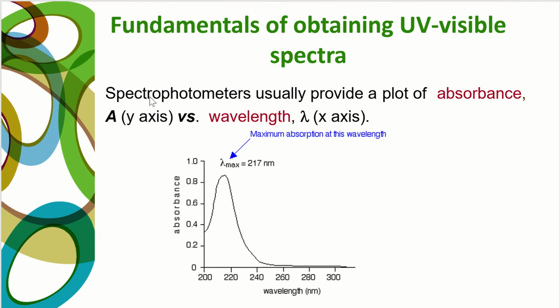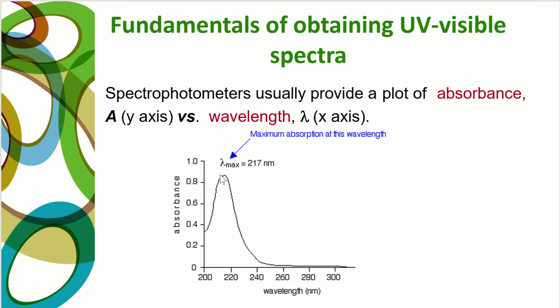So at the end of the day, the spectrophotometers usually provide a plot of absorbance, which is on the y-axis, versus wavelength, which is on the x-axis, and it looks like this. We've been talking about lambda max, so it usually shapes like this.